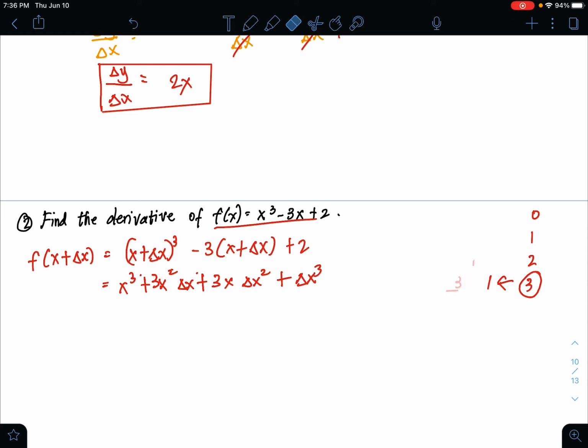Okay, so erase. Minus 3x minus 3 delta x plus 2.